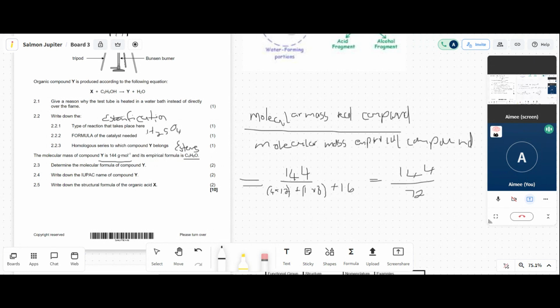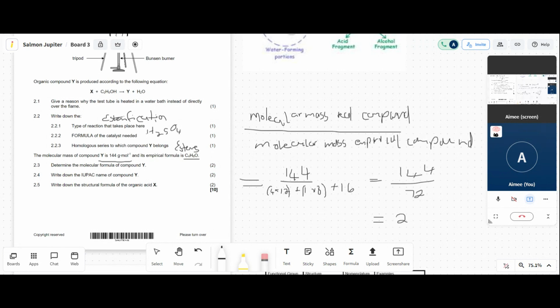It's the approximate relative atomic mass of each of these atoms. And then we divide those two. So 144 divided by 72 gives us 2. So that's the ratio we're working with: the molecular mass of the real compound to the molecular mass of the empirical compound is 2 to 1.